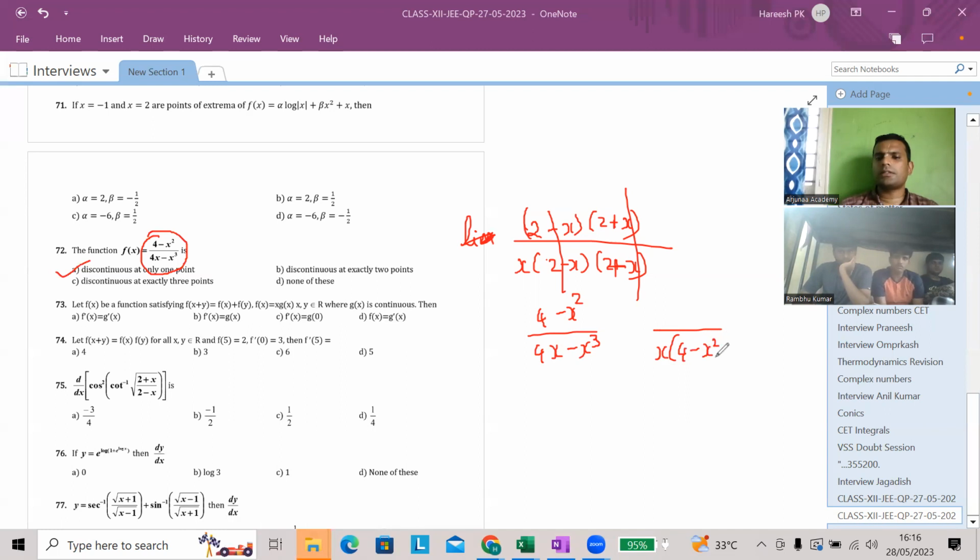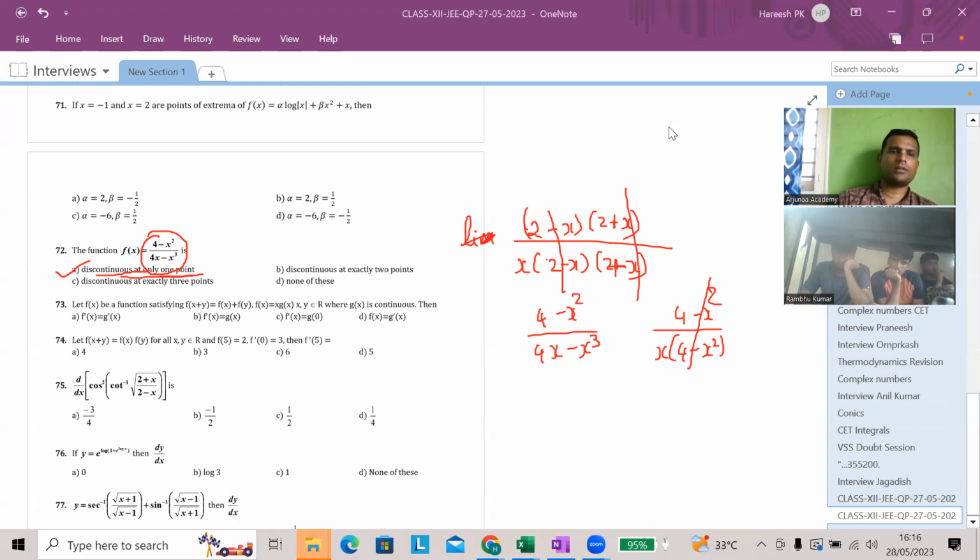Left hand limit means it's not at exactly x equal to 2. So if it's not equal to 2 exactly, you can cancel this. And right hand limit means again it's not exactly equal to 2, so again you can cancel. I think the answer key must be changed. It is only discontinuous at 1 point.